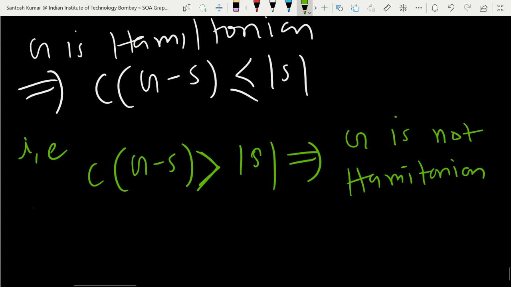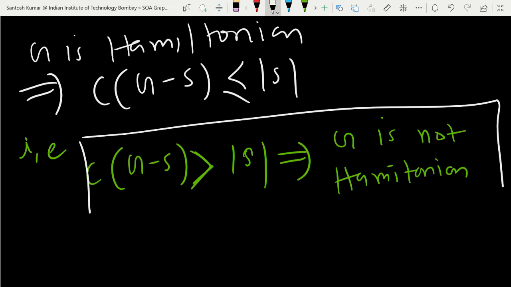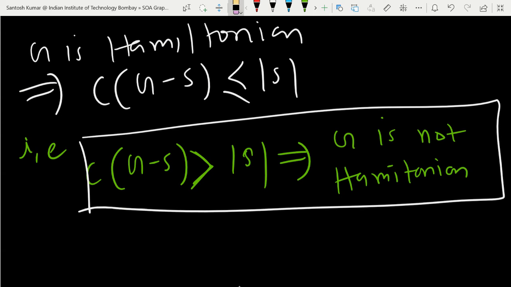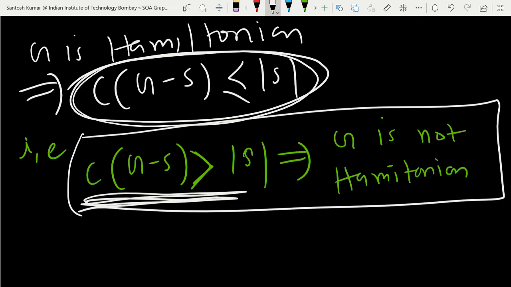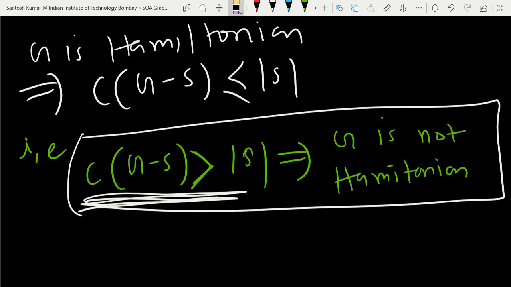This result will help you a lot. If you want to check whether a graph is Hamiltonian or not, and this happened, you are sure it is not Hamiltonian. But if the other happened, you cannot say anything. So I will give you one example.